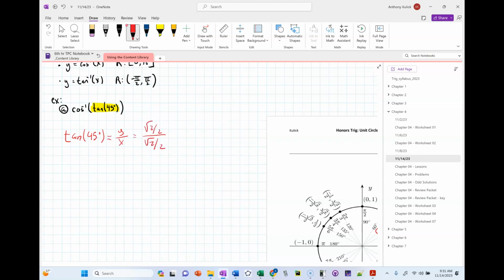And the x coordinate was also root 2 over 2. What do I get when I divide those two numbers? Only one person answered me. You guys can do better than that. It's going to be 1, right? If I divide some number by itself, I better doggone get 1. So what I have then is cosine inverse of 1.